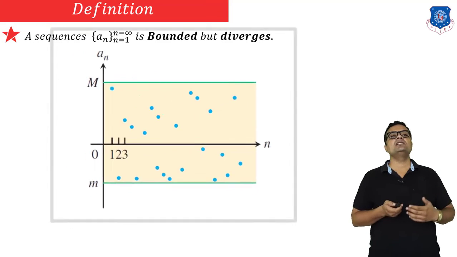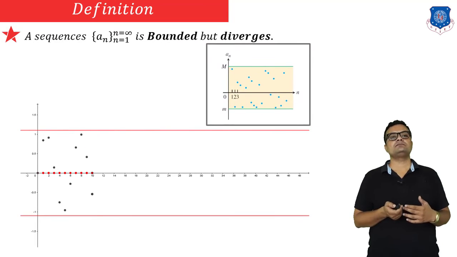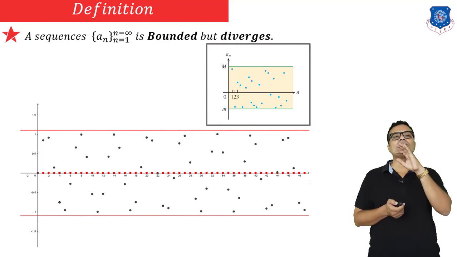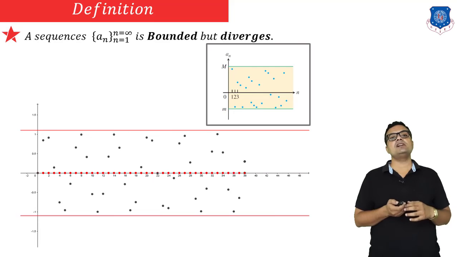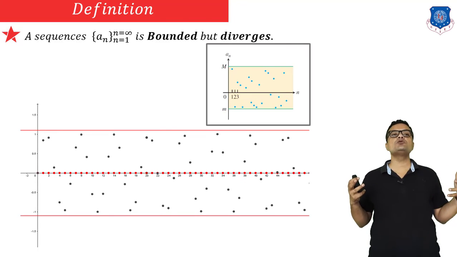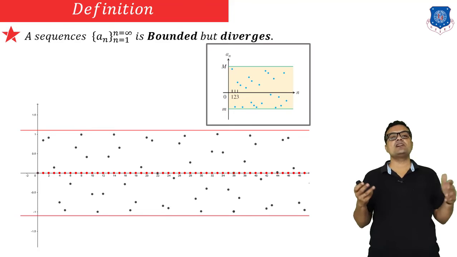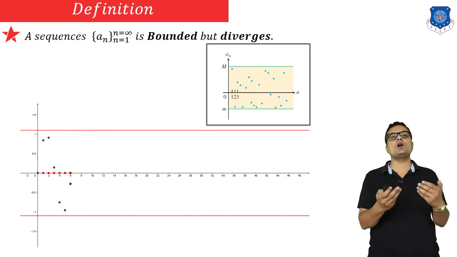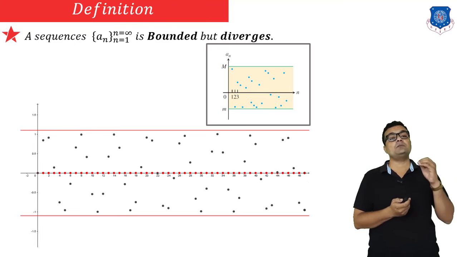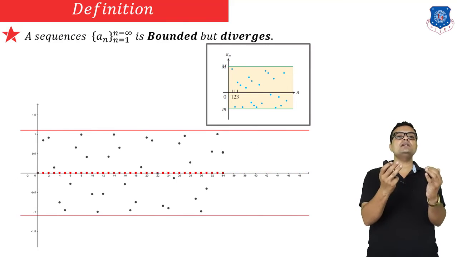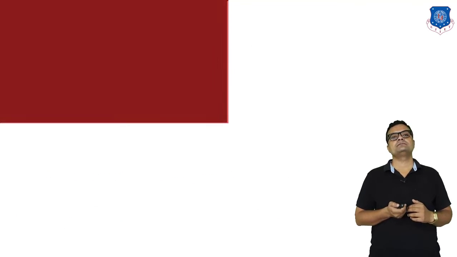Let us consider one example of this. If my sequence is sine of n, you can see clearly the values are remaining inside those two bounds, but still they are not convergent, meaning they are not giving any cluster about a point. And that means the sequence is bounded above, bounded below, so it is bounded, but it is not convergent.